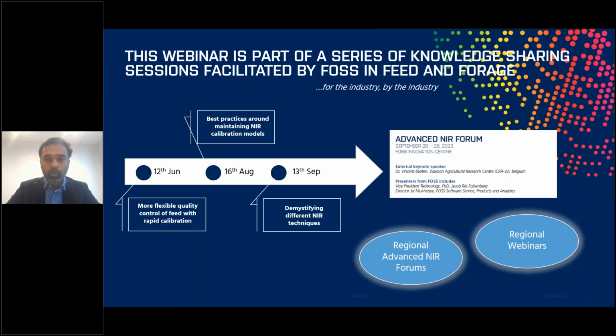This will all culminate with the Advanced NIR Forum, which is a physical event where some of the largest NIR users in Feed and Forage in the world will be joining us physically at our FossCalibrator Innovation Center in Hillerød, Denmark. We also organize many regional advanced NIR forums focused on the challenges in the different regions, and also regional webinars for a larger audience who cannot travel physically to some of the forums that we organize.